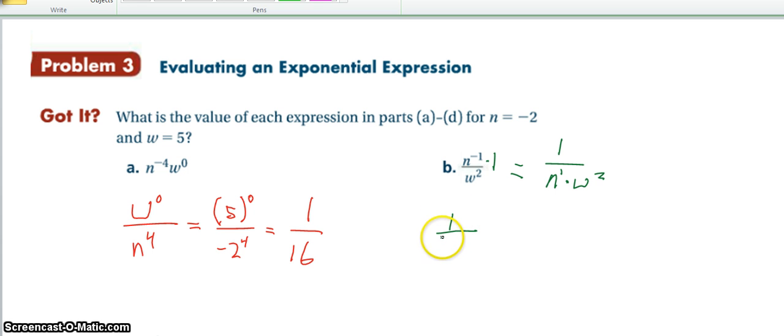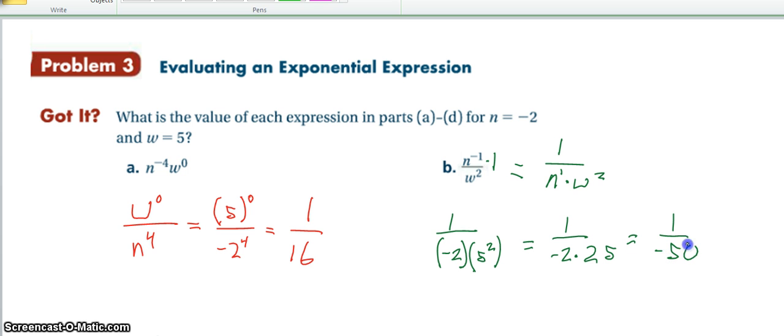So now it's 1 over n is negative 2, and w is a positive 5, but w also has to be squared. So that becomes 1 over negative 2 times 5 squared, which is 25. And that gives me 1 over negative 50. And I could just rewrite that as negative 1/50.